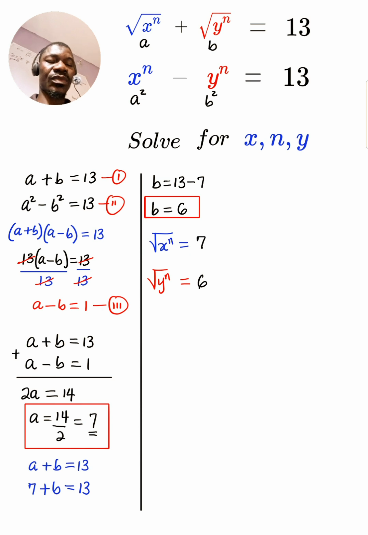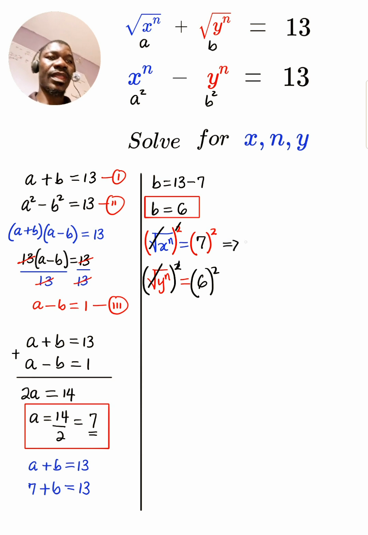So what do we do next? Let's just clear the radical. By clearing the radical, all we need to do is to raise both sides by 2, and applying the same here, raising by 2. So this clears off this, and this clears off this. So x raised to n equals 7 raised to 2, and y raised to n equals 6 raised to 2.